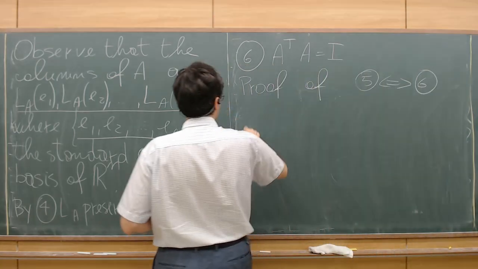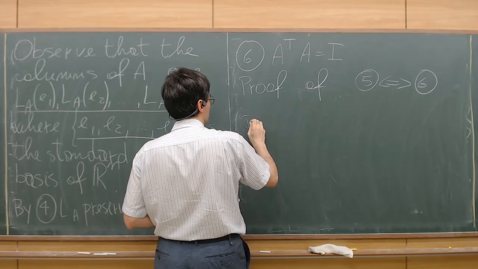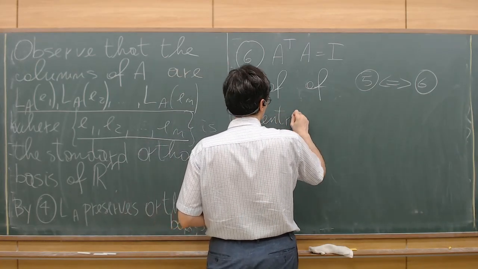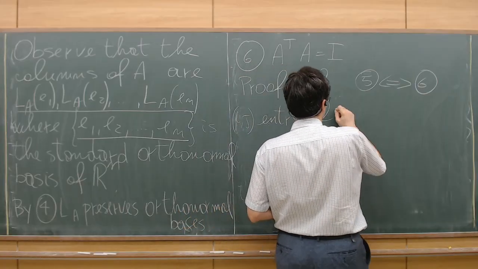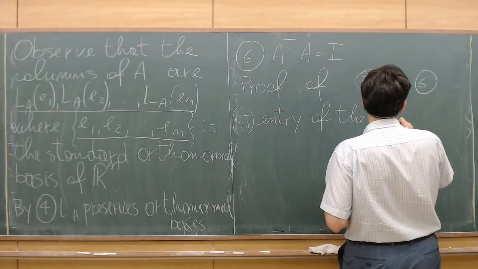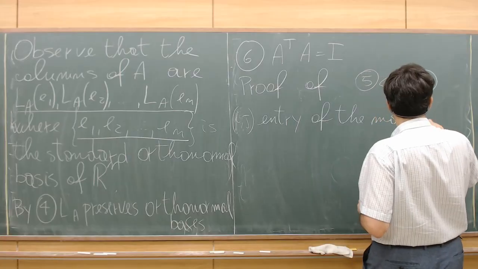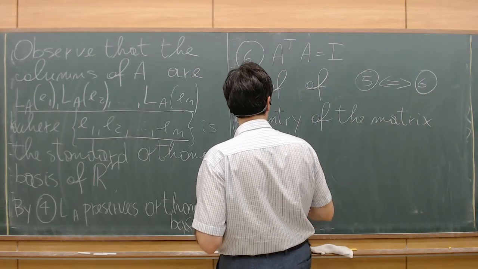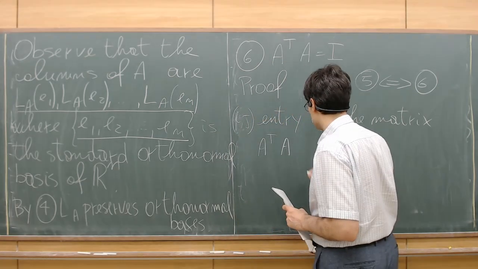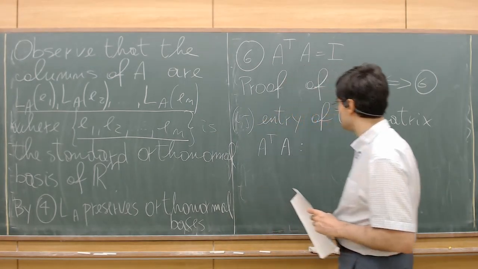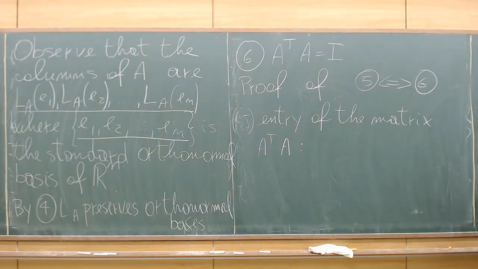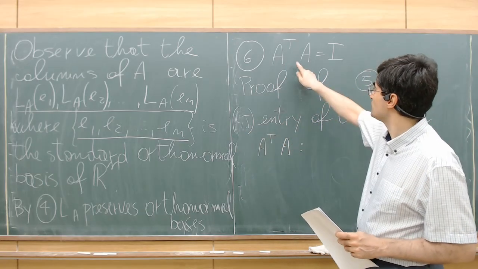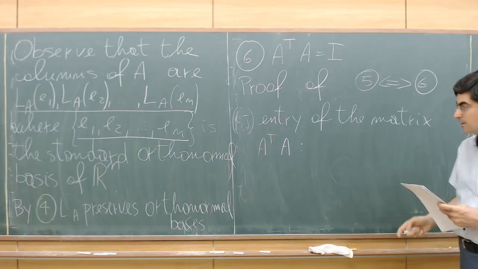What is the ij entry of the matrix A transpose A? How do you find the ij entry of a product? Very easy.